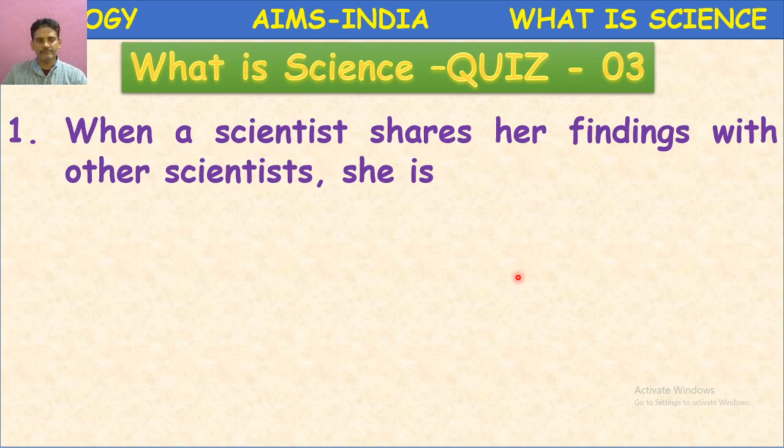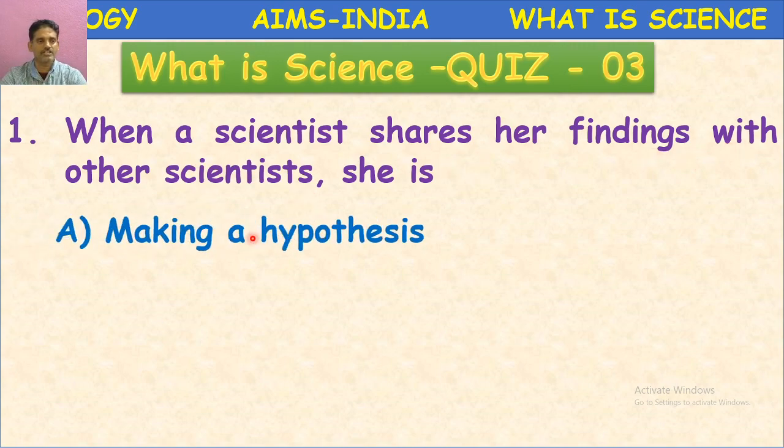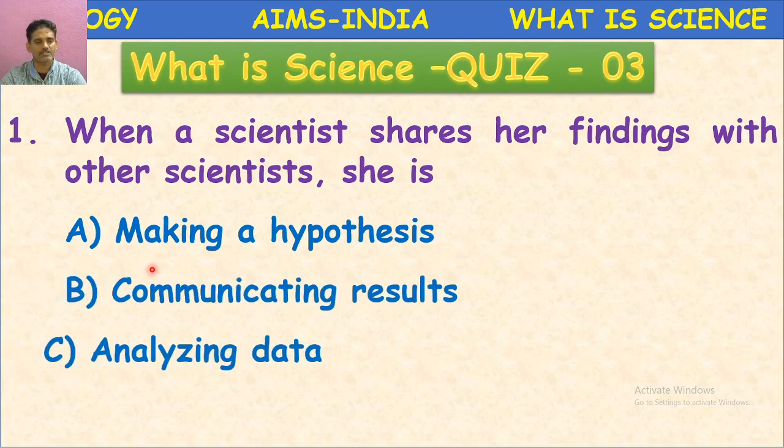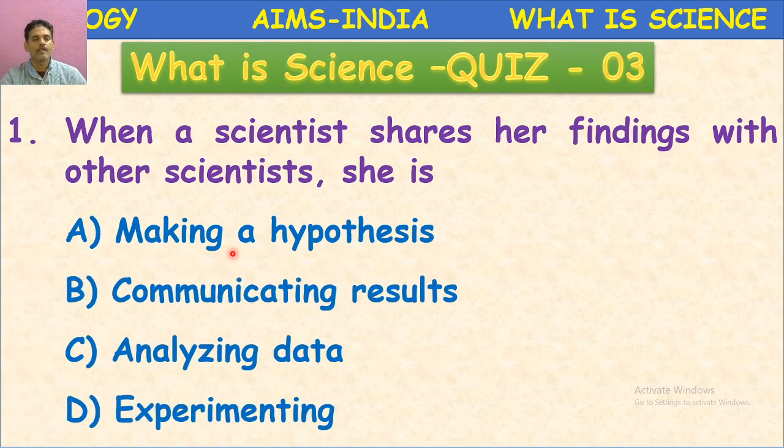Today, quiz number 3. When a scientist shares her findings with other scientists, she is using which process skill? Making a hypothesis, communicating results, analyzing data, or experimenting?